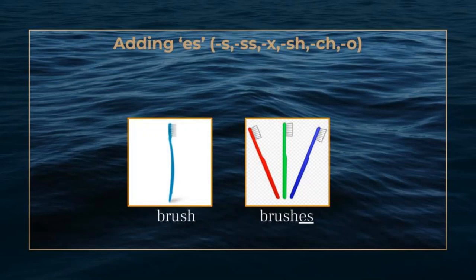Brushes. We added es to the brush because if a singular noun ends in sh, we have to add es to make the singular plural. So we added es to the word brush. What is the plural form of brush?